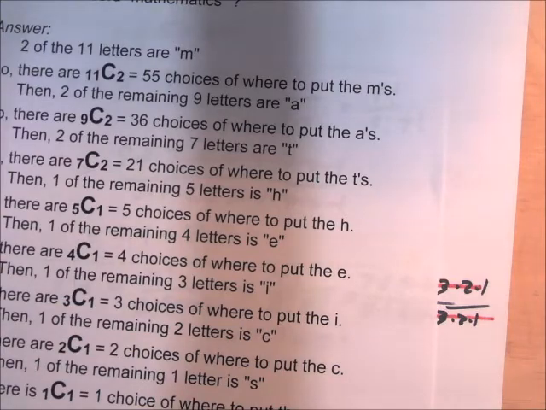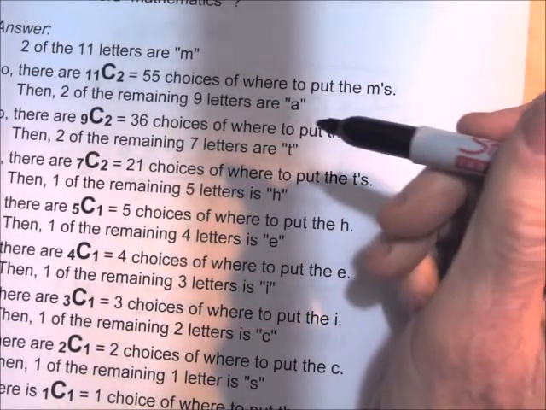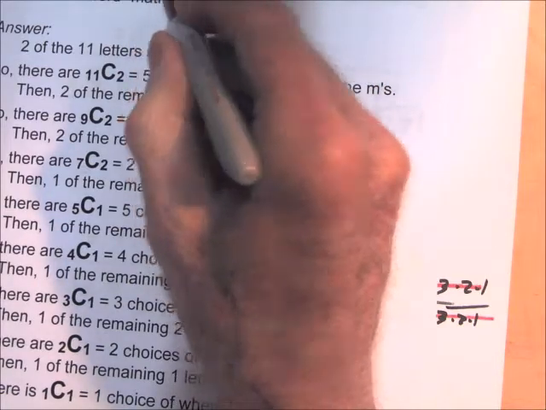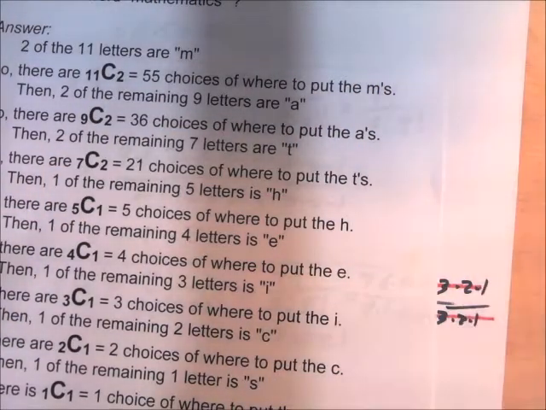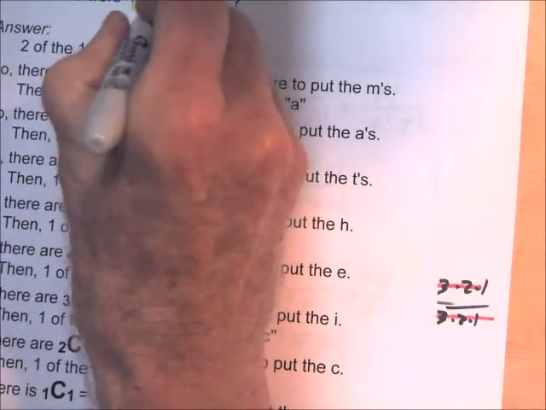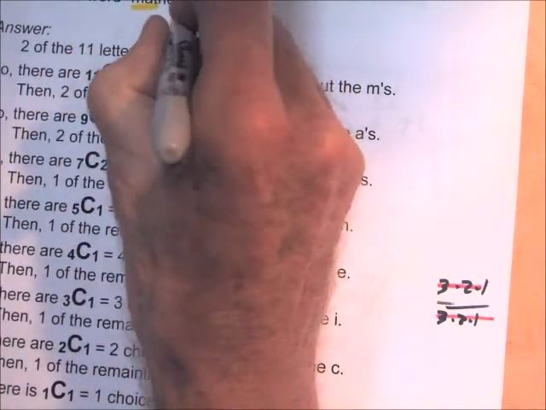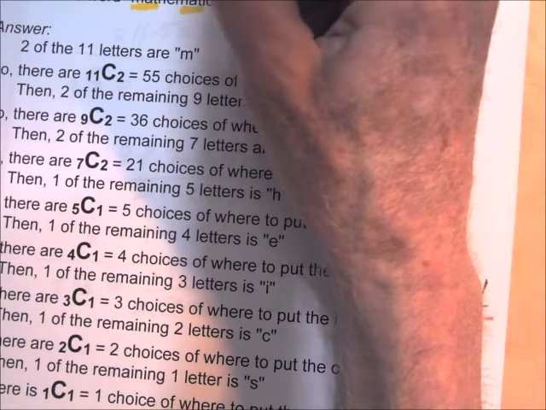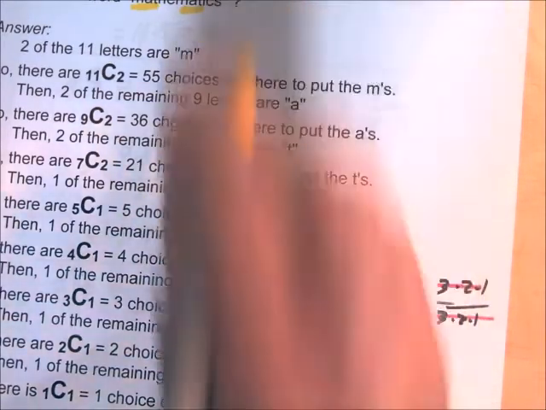Okay, so once we've chosen the M's, A's, and T's, which were the duplicate letters, there are only 5 letters left.